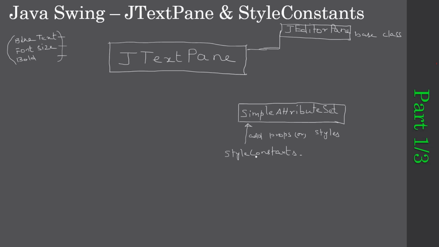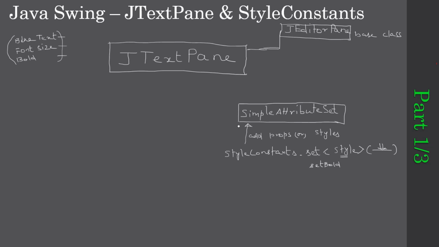This StyleConstants provides a set of functions that start with set, then the style name, and you pass some parameters. For example, if you want to set bold font, you will make a call to setBold.